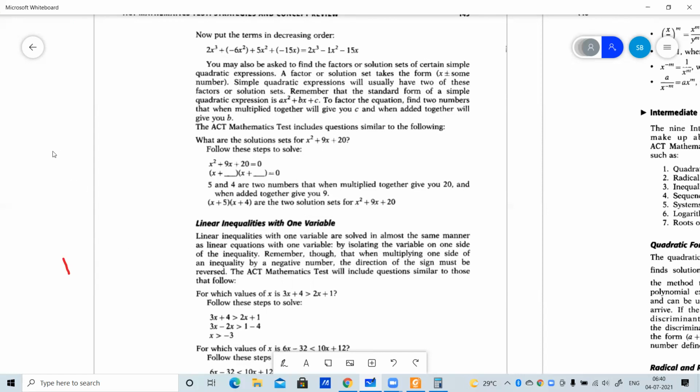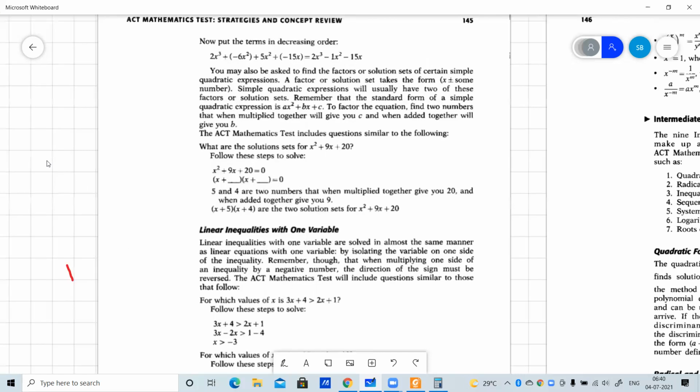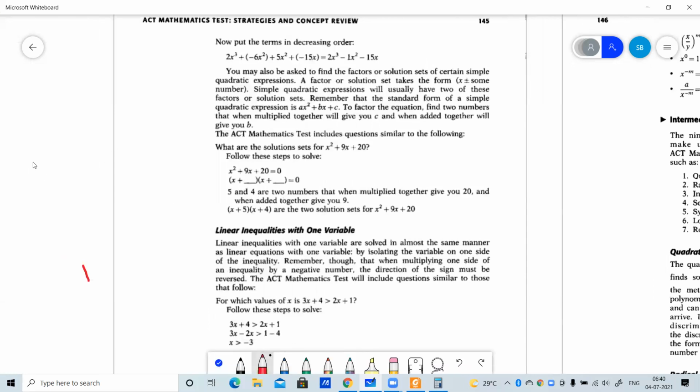We'll stop there. 9x minus 3y times negative 2x plus 4. Can you try it?